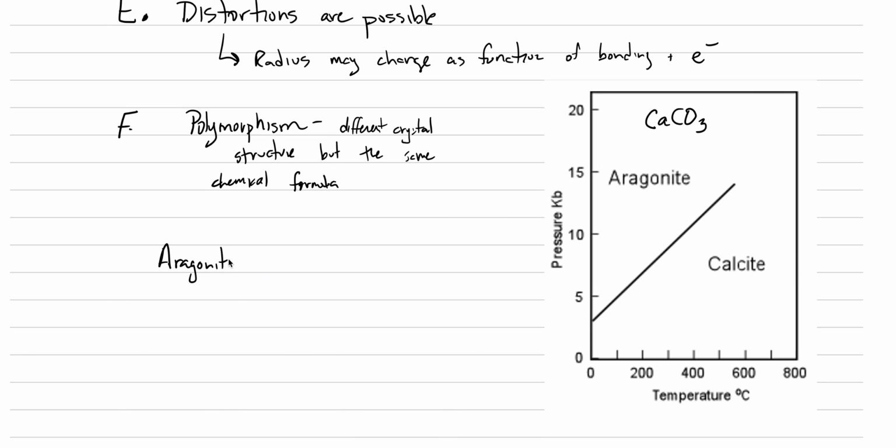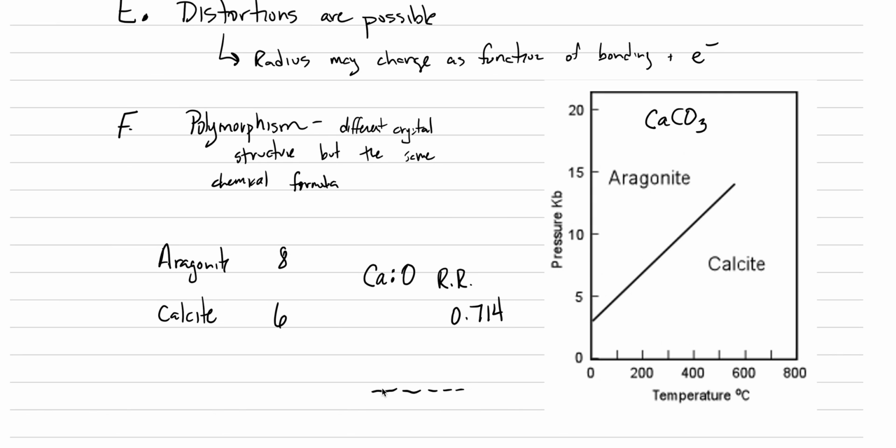Let's go aragonite and calcite. Aragonite has a coordination number of 8, so it's cubic, and calcite has one that's 6, so it makes it octahedral. Well, what ends up happening is the ratio of calcium to oxygen has a radius ratio of 0.714, which is very near the threshold.